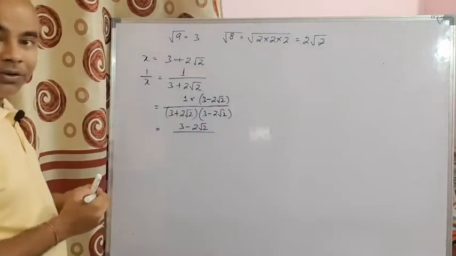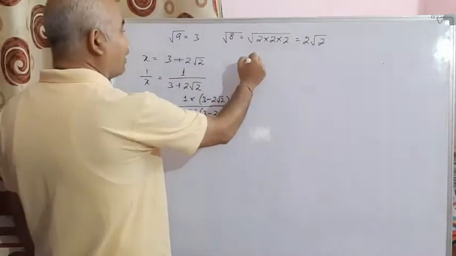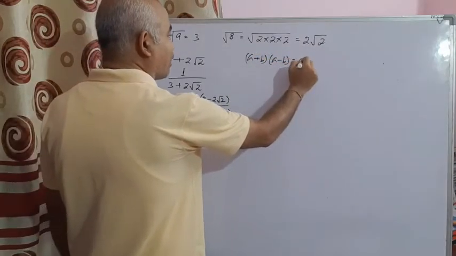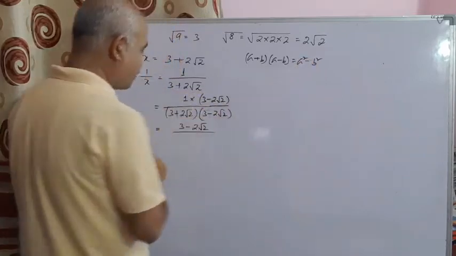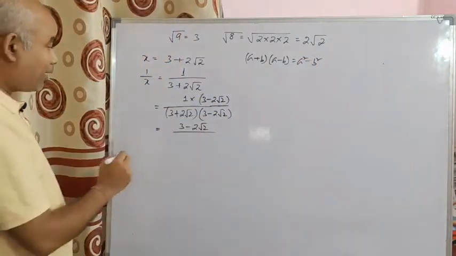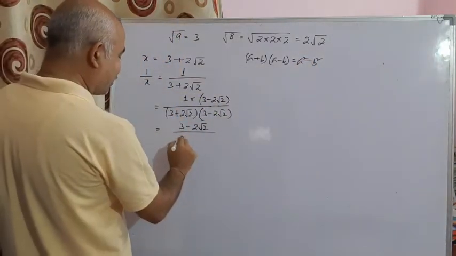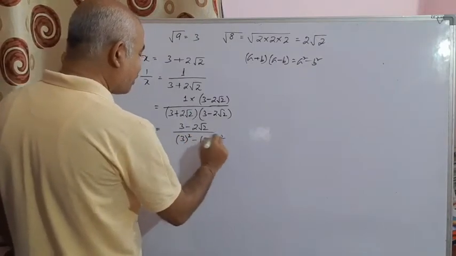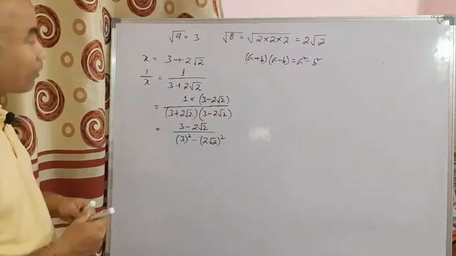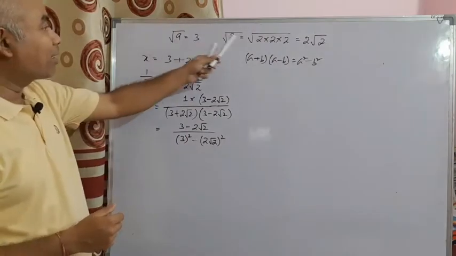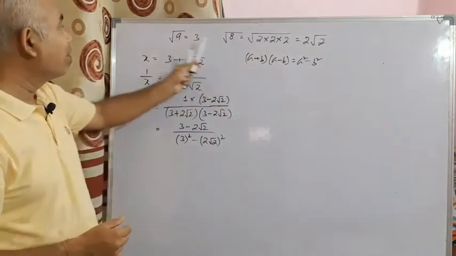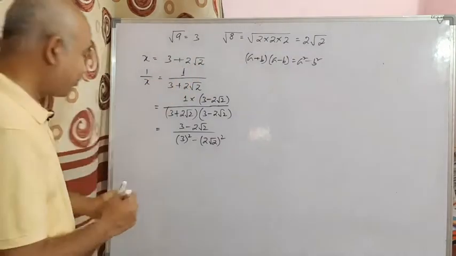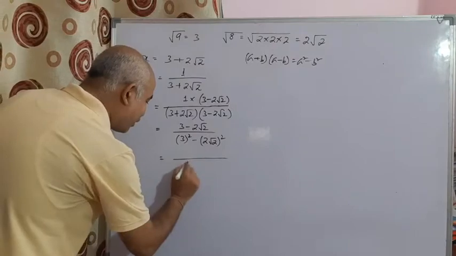In the denominator, we can apply the identity a plus b into a minus b, which is a square minus b square. If I apply this, a means 3 here, so a square means 3 square, b means 2 root over 2, so b square means 2 root over 2 square. Now if the square root of 9 is 3, then the square of 3 is 9.